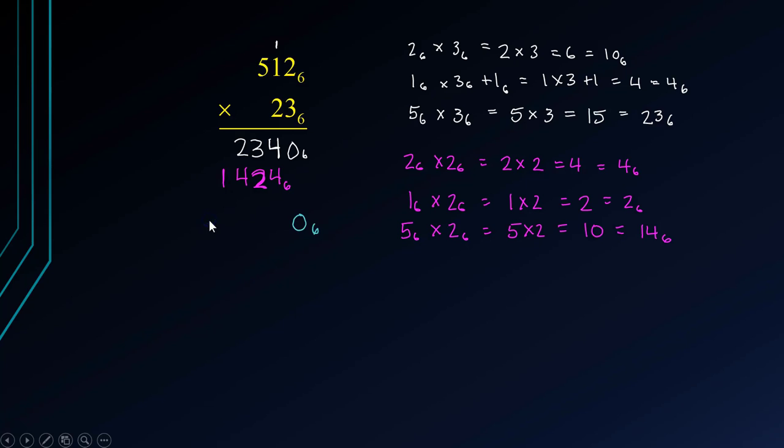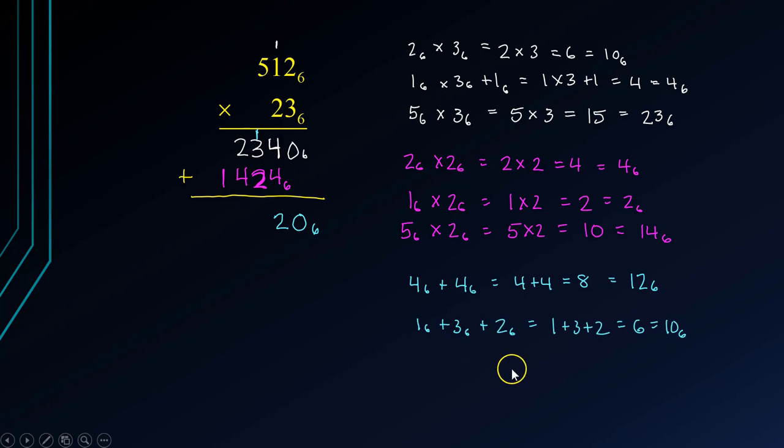And now I have to go through the process of adding. Now 0 plus nothing is 0. 4 base 6 plus 4 base 6, the same thing as 4 plus 4, which is 8, which is going to be 12 base 6. So I've got to write the 2, carry the 1. 1 plus 3 plus 2, base 6, ends up being 6 in base 10, which is 10 in base 6.